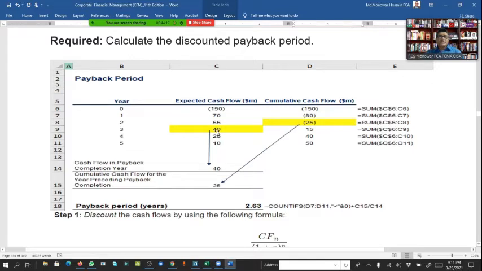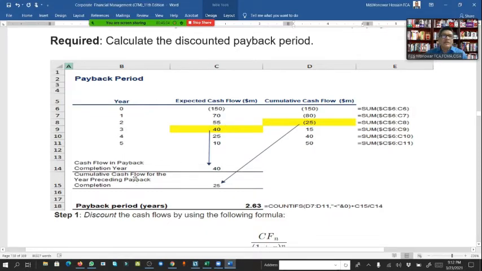In year 3, there is 40 million cash flow. After getting two years of cash flow, another 25 million is needed. In year 3, 40 million comes in, and that time 15 million is positive. So the payback period is in year 2 as the base, and the fraction is in the next year.